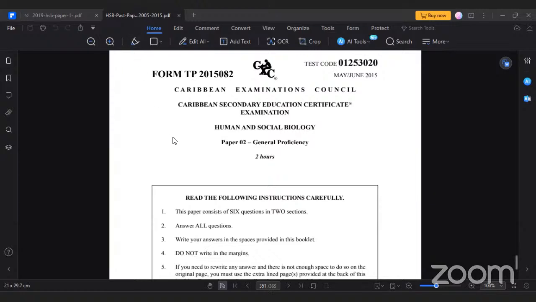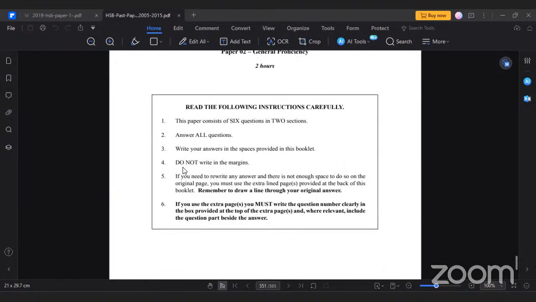All right, so this is what you can expect your paper to look like. Again, read all your instructions. The paper consists of 6 questions. The papers that we will be working on in our classes to come might start from maybe 2010 or 2005, about there, up to 2023.